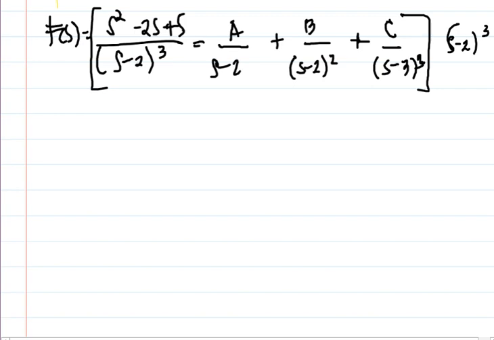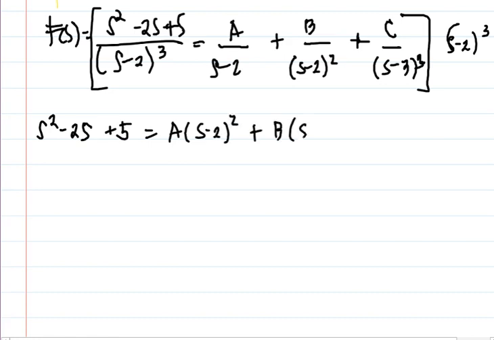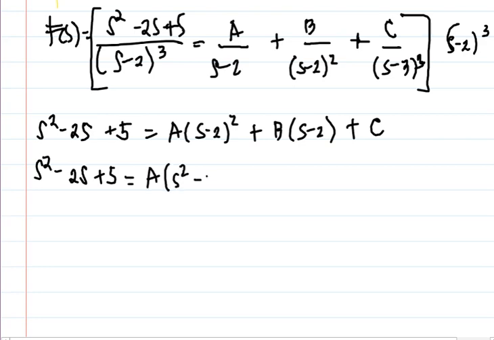So this is equal to, on the left side, s squared minus 2s plus 5 is equal to A times s minus 2 squared plus B times s minus 2 plus C. Let us simplify: s squared minus 2s plus 5 is equal to A multiplied by s squared minus 4s plus 4, plus Bs minus 2B plus C.